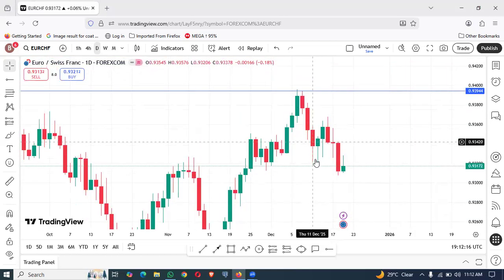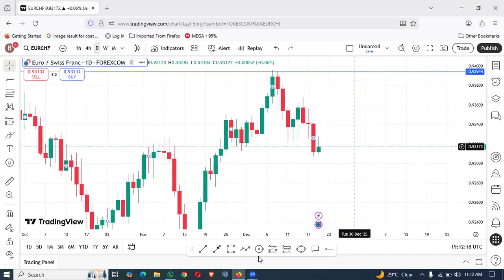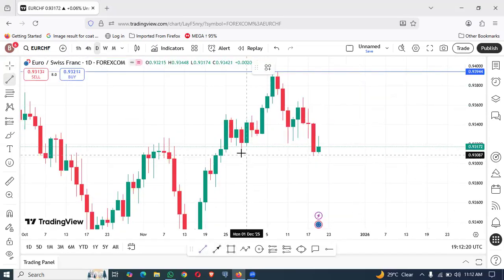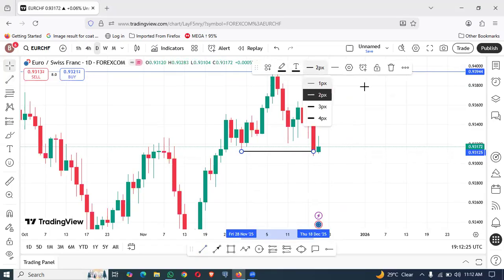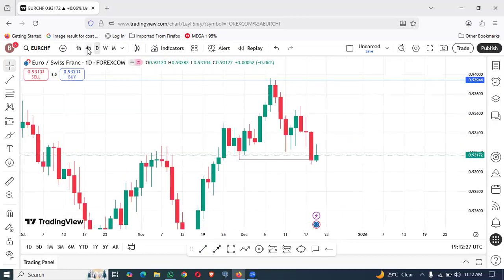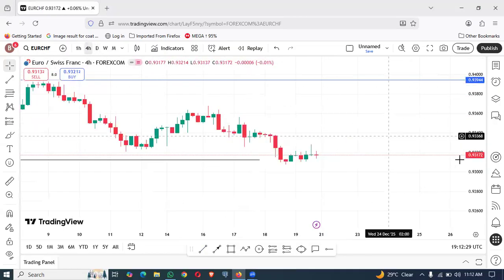You can see the impulsive sell, correction, impulse again. So you can say we had it. We go to H1.